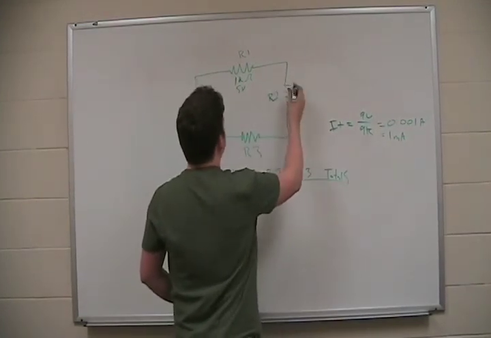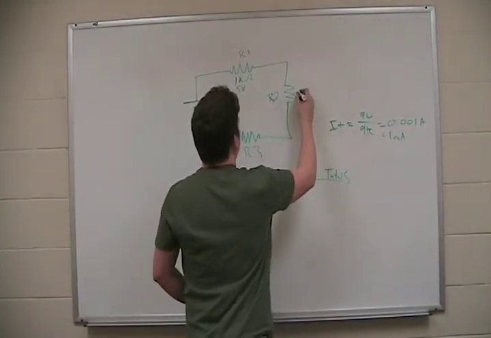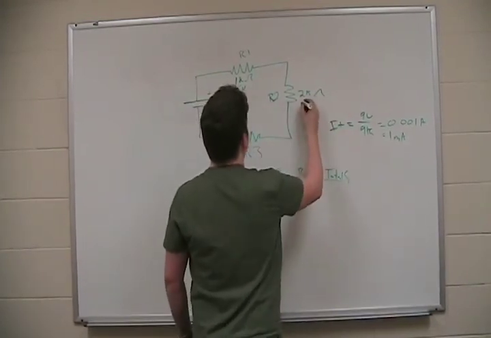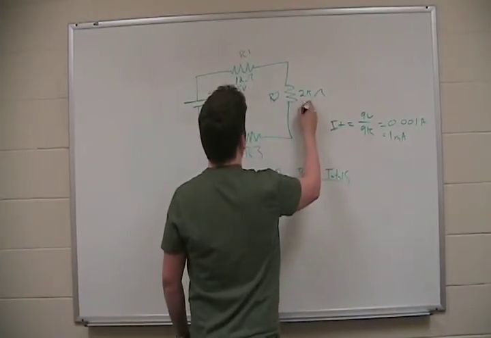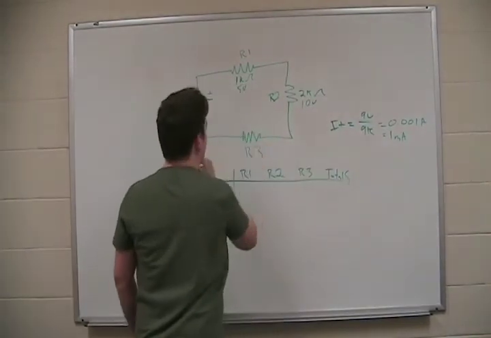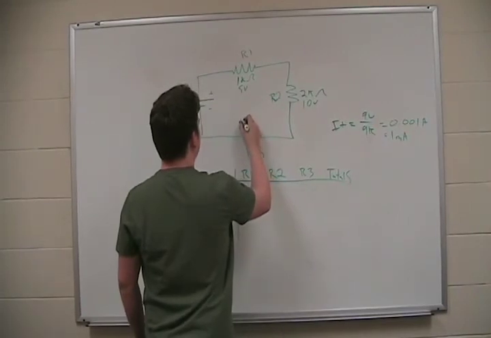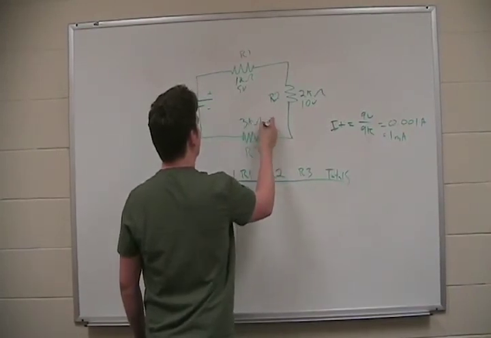We've got 2K ohms across R2, and we've got 10 volts. We've got 3K ohms for R3.